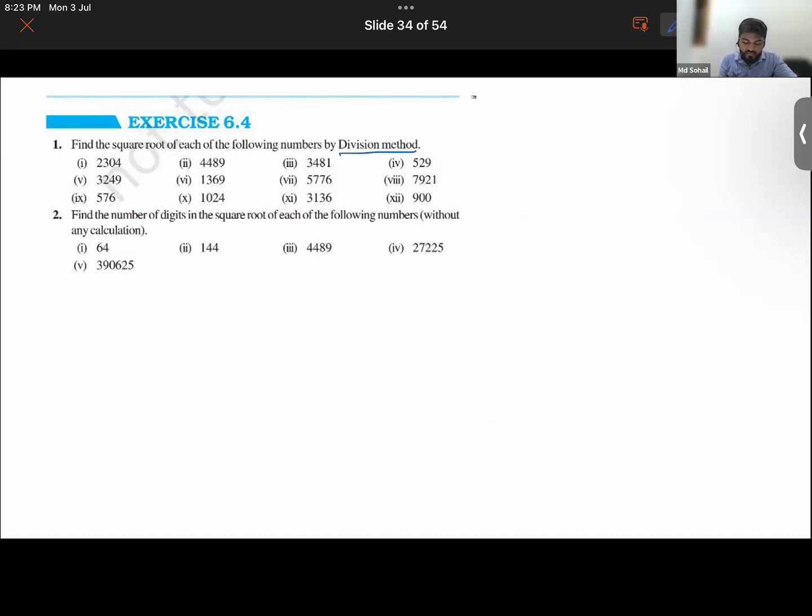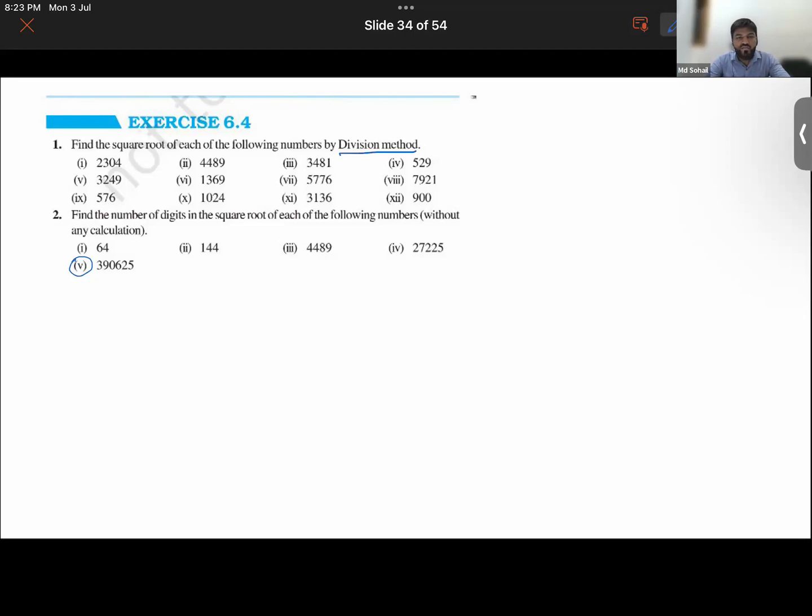Excuse me, sir. Yes. Our assignment: is applying the division method necessary, or can we find the square root by any method? No. Look, the thing is, in your examination, these questions will be asked to be specifically solved using the division method, and you have to show in your copy that you applied that method.